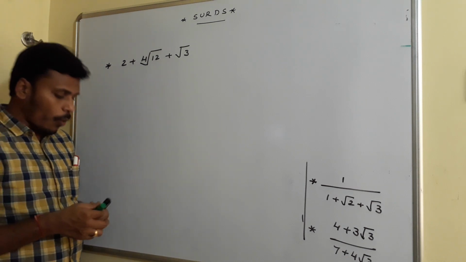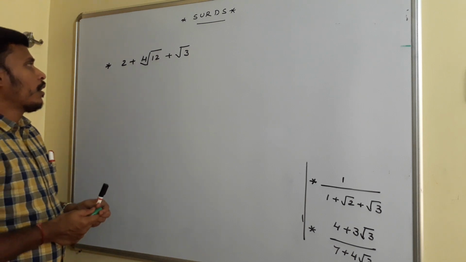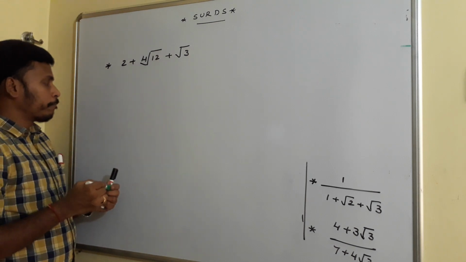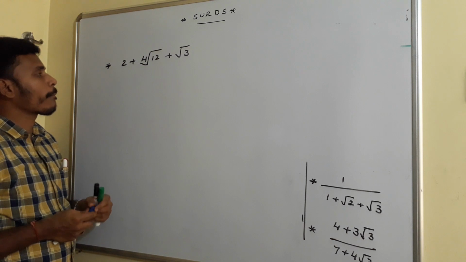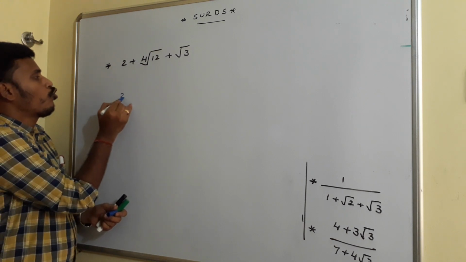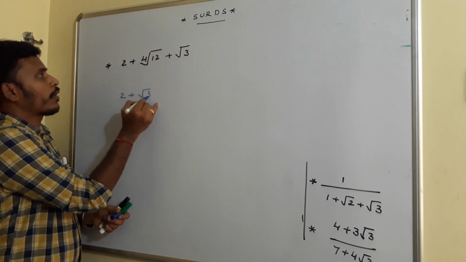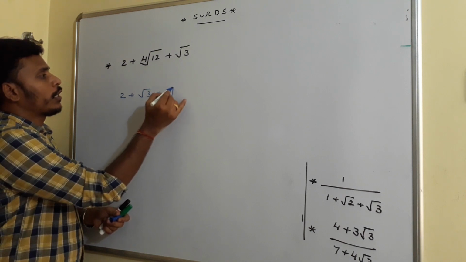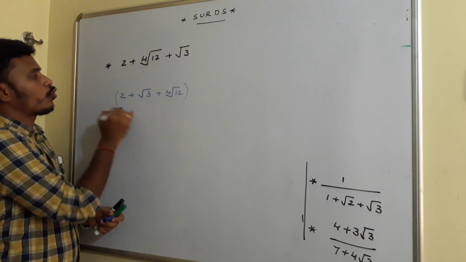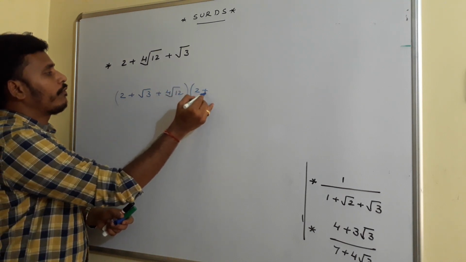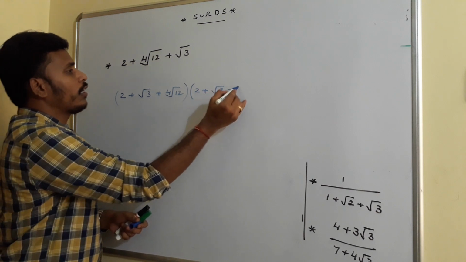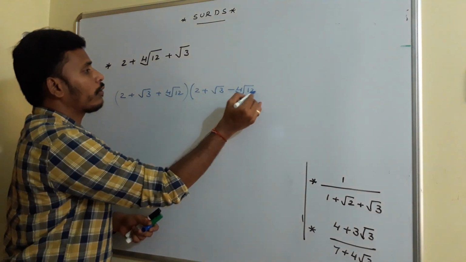So with that idea, what I am going to do is, you just multiply 2 plus root 3 plus 4th root 12 with 2 plus root 3 minus 4th root 12.